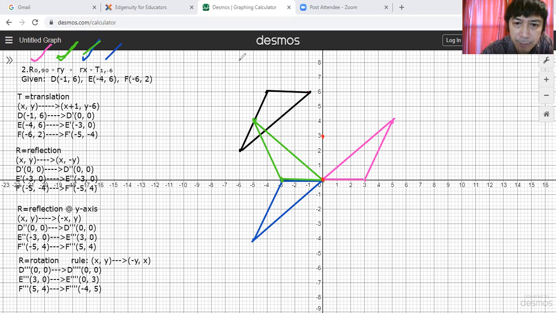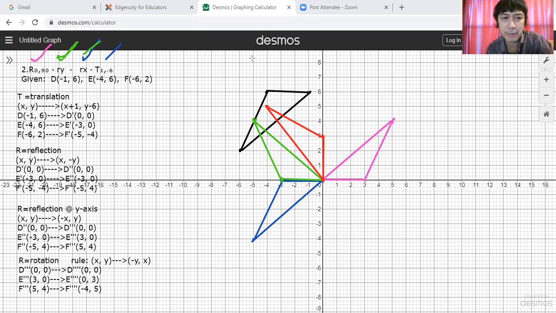So that looks like here. And so we're going to connect this. Let's use straight sides over there and over here. And finally, there. That will be the result of the last transformation.